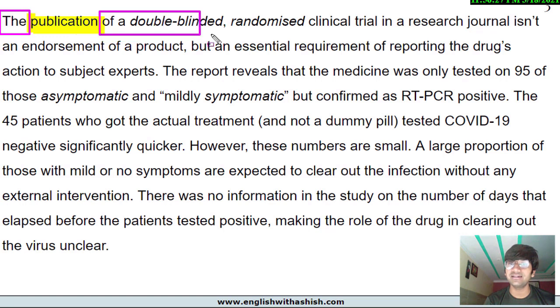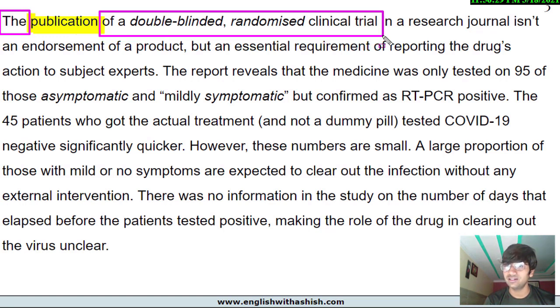Of a double-blinded randomized clinical trial is a prepositional phrase coming after it, so it's a post-modifier, as it's coming post it, after it. Which publication? The publication of a double-blinded randomized clinical trial in a research journal.